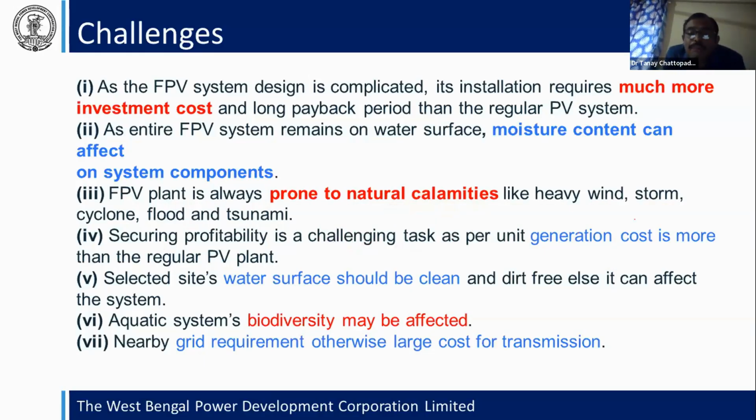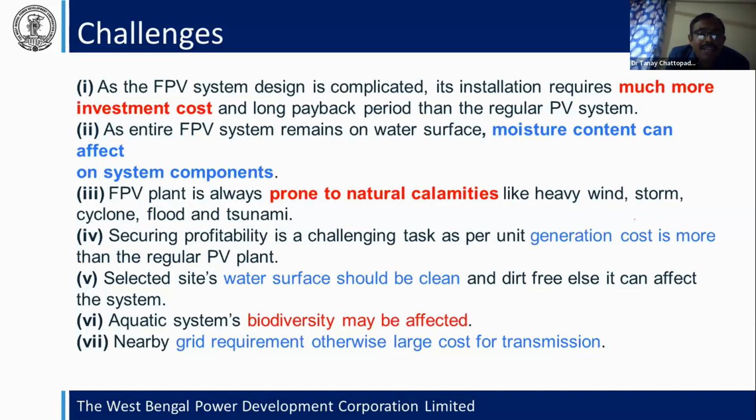Also we get more CUF than ground-mounted, because it is near the water bodies. So generation is greater than ground-mounted, which is very good. The evaporation loss is decreased, as I also mentioned, so the salinity of the water is maintained.